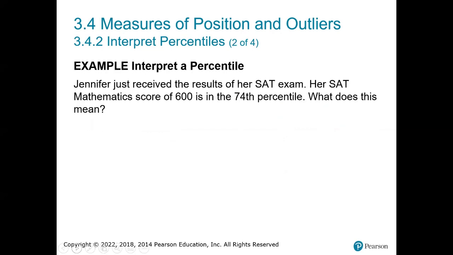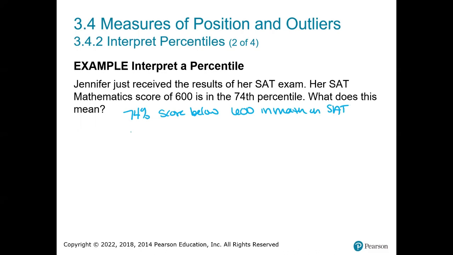So what does this mean in a practical explanation? Jennifer just received the results of her SAT exam. Her SAT mathematics score of 600 is in the 74th percentile. So what does that mean? Well, that means 74% score below 600 in math on the SAT.